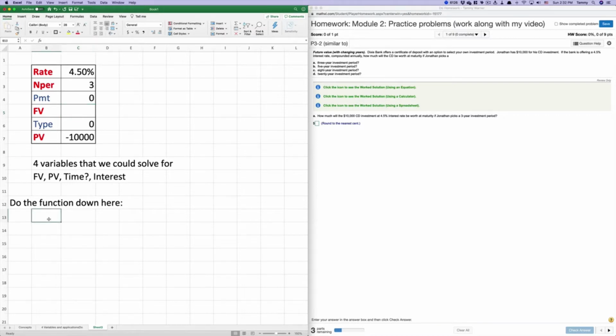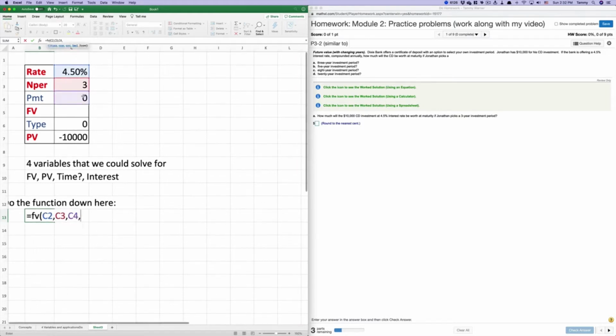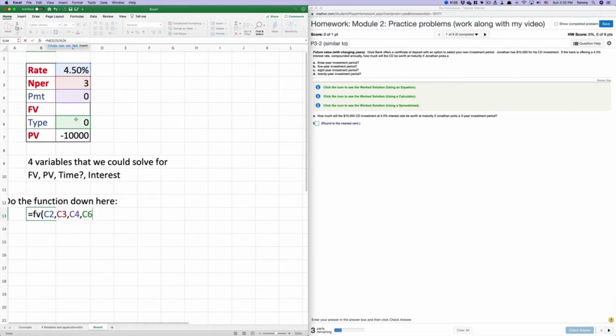Okay, so we invoke the function with the equal sign, FV, and it's going to prompt us for all of these arguments. So we just take them right down the column here. The rate, 3 years, the payment 0, the future value we don't know. The type is 0.